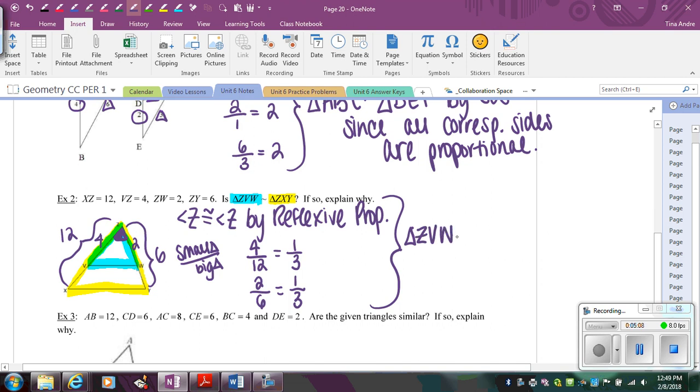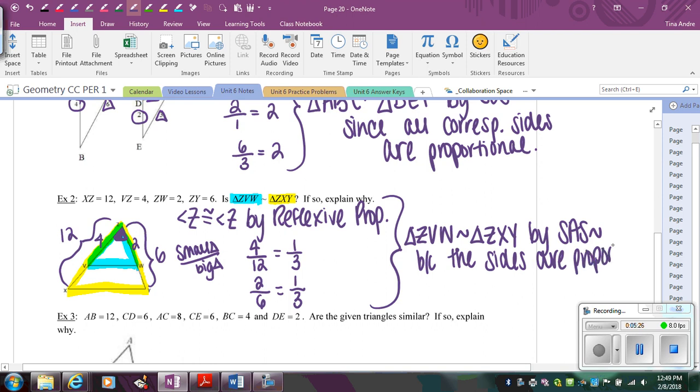So ZVW is similar to ZXY by side angle side similarity, because the sides are proportional and the included angles are congruent.